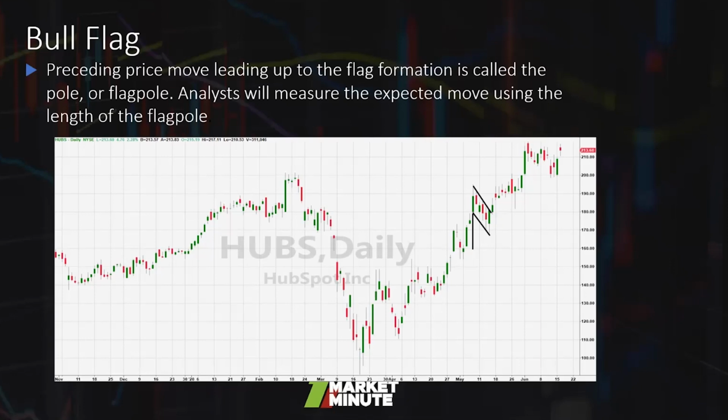So you can see here, that would be from 180 to 215, and it almost went there absolutely perfectly. So that's something that you really should get yourself familiar with, particularly on these great up moves when they take some kind of a pause or they correct for a few days and then break out again.